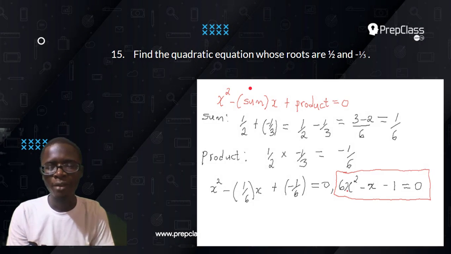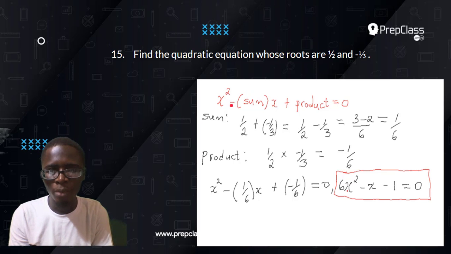So there's a general formula that we need to work with here. So you can see it is x squared minus the sum of the roots x plus the product of the roots is equivalent to 0. Emphatically, please don't forget that.